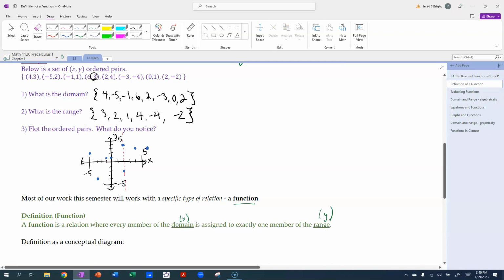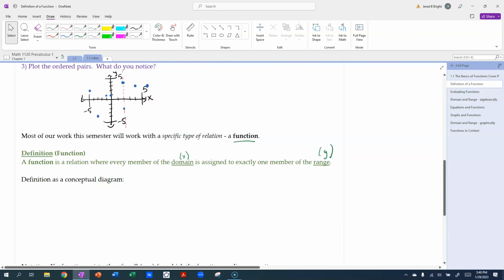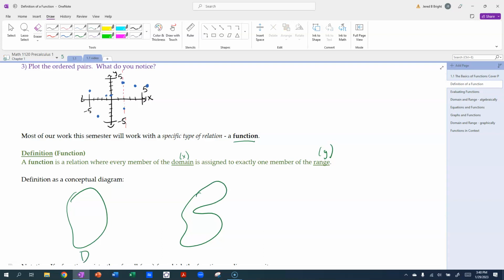So when we look at that domain and range setup, I'm going to use capital D and capital R just to make this easier. If I have x1, x2, x3, x4, and y1, y2, y3, y4, when I look at each member of the domain, they have to be sent to exactly one member of the range.